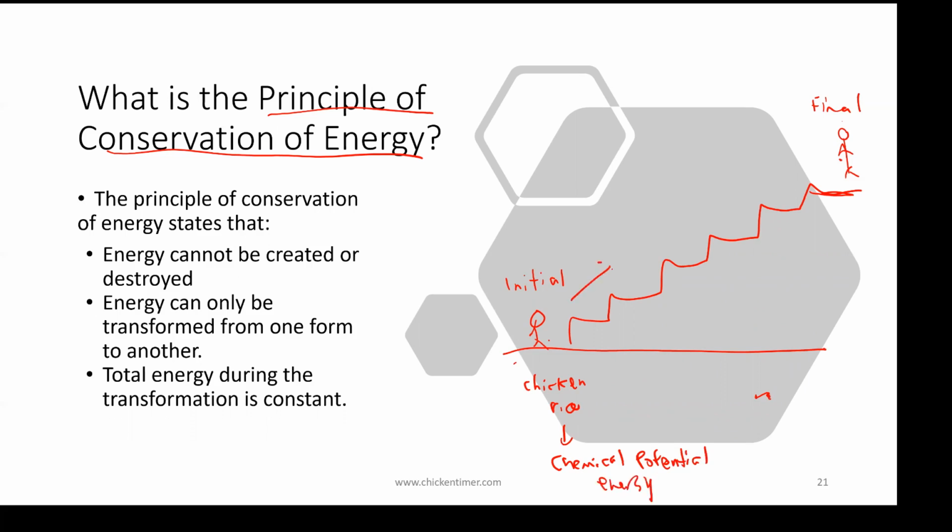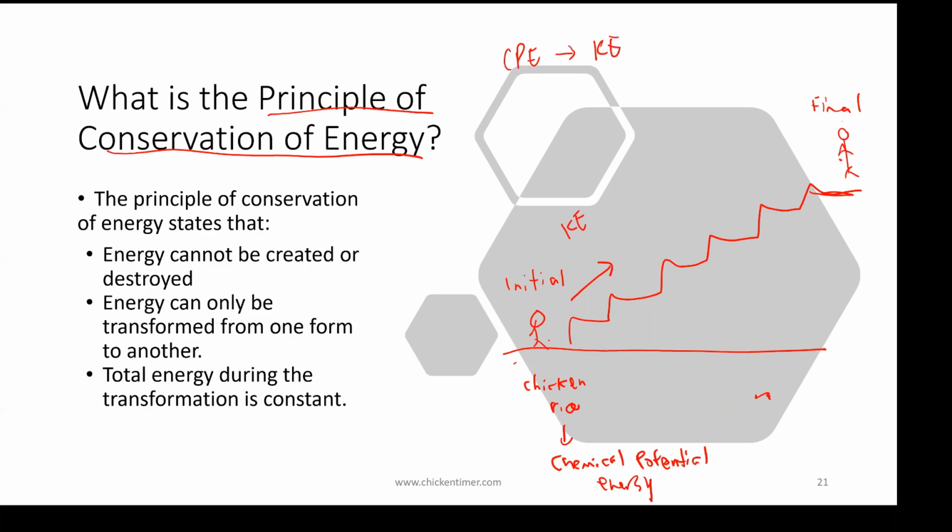Then he climbs up. He moves. When he moves, what kind of energy does he have? Kinetic. So chemical potential energy gets transferred, becomes KE, transformed.